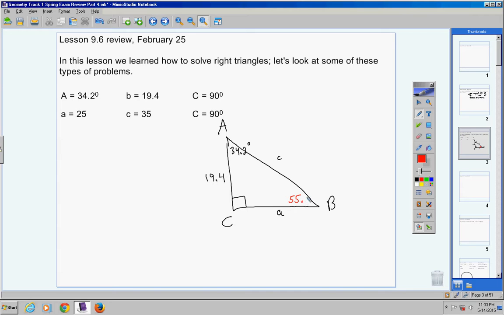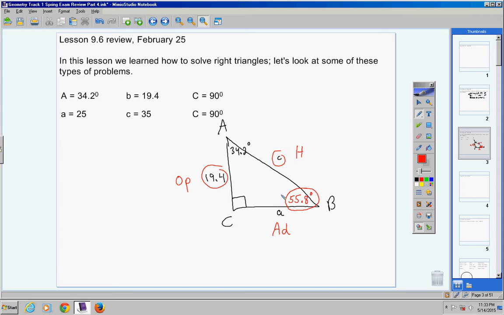Now students, please listen to me carefully, please. I don't care if you solve for side c first or side a, it doesn't matter. And I don't care which angle you circle. Got it? You circle any angle you want to. I'm going to circle this one. Okay? Now since I circled that one, we're going to call this my opposite side. We're going to call this my hypotenuse. And so this third side is my adjacent. Now, look, you know one side.